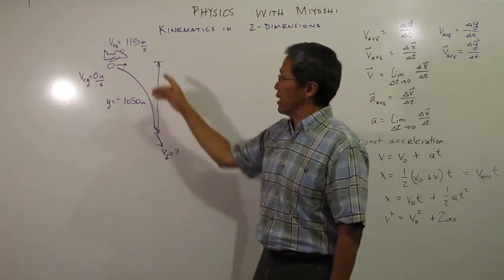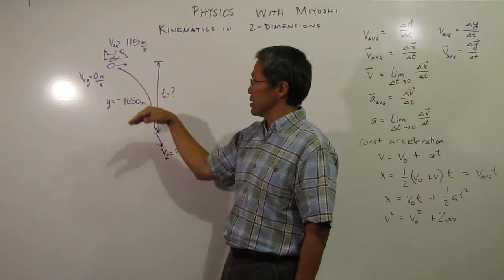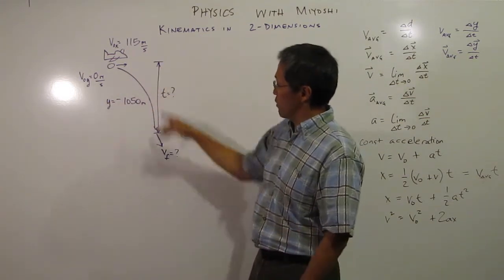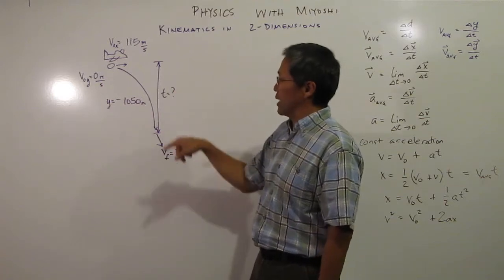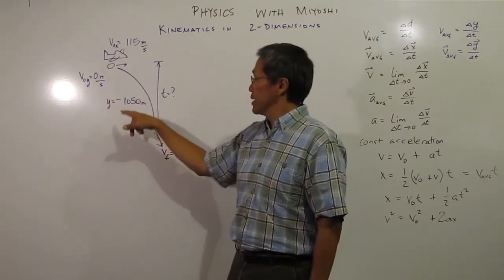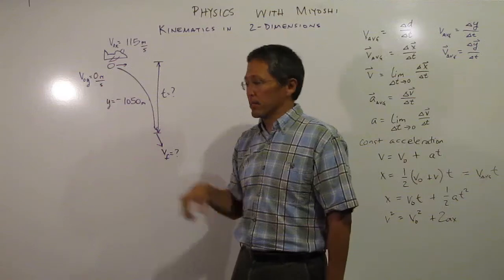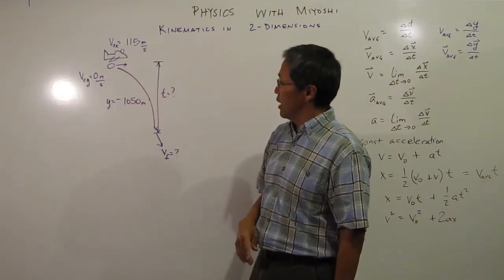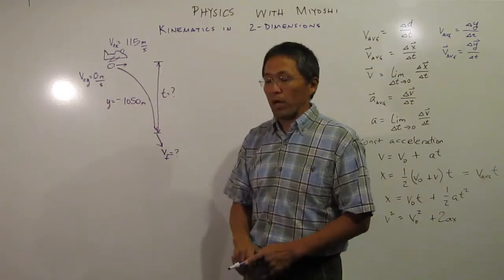Again, if we neglect air resistance, then we should have a nice, neat fall, and we'll find the final velocity and the time, knowing that the height is 1,050 meters. The reason why it's got the negative in there is because we are falling from that height.